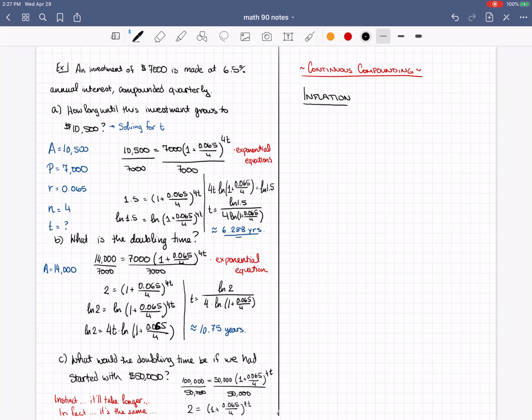So you have to spend more money to buy the same thing, which is why it's so important, if you're thinking long term, that you're investing your money at a rate that is higher than the rate of inflation. Because if you keep your money in a shoebox underneath your bed, it stays that dollar, you only have that $1.